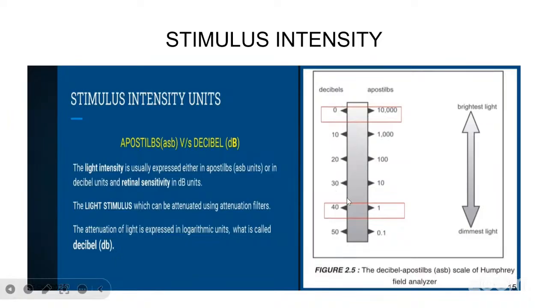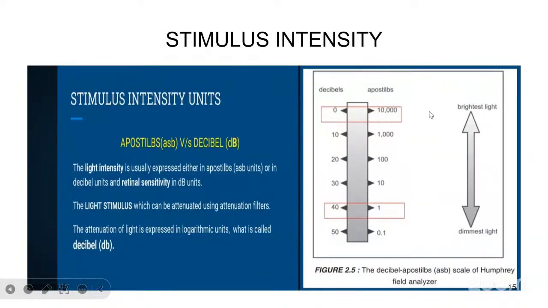When we say that the patient has a good or a high retinal sensitivity, it means that he was able to perceive the dimmest light that was presented at that particular point of the retina. For example, when you present a 50 decibel light intensity, which is referred to as the dimmest light, and the patient is able to perceive it at that point, it means that the retina has a very high sensitivity, and that is given a score of 50.